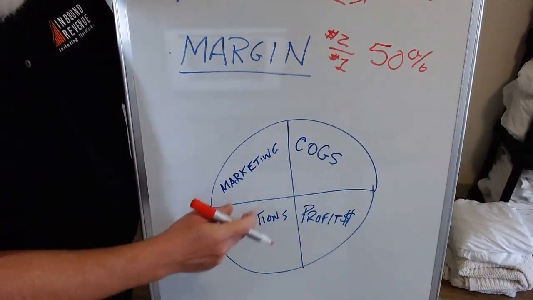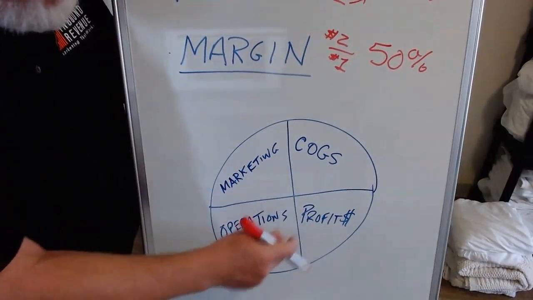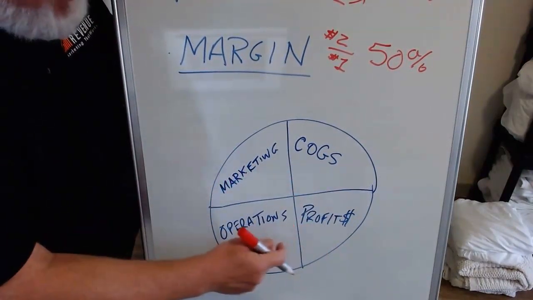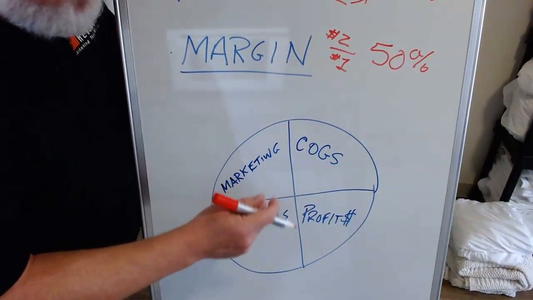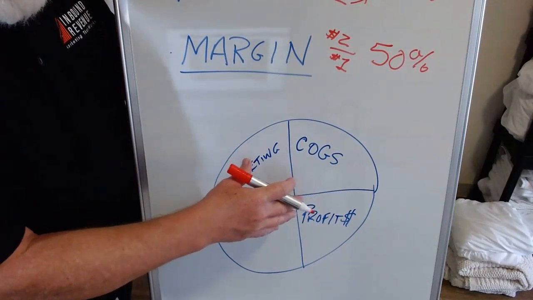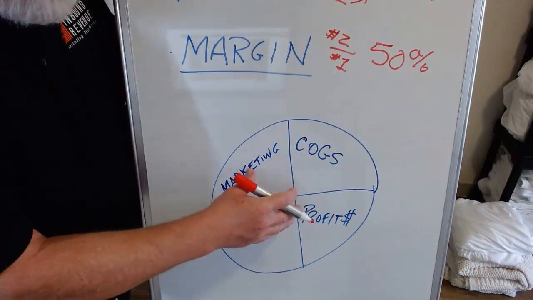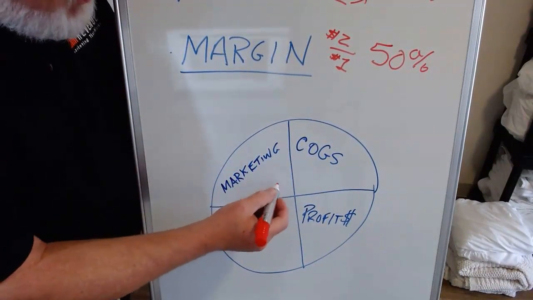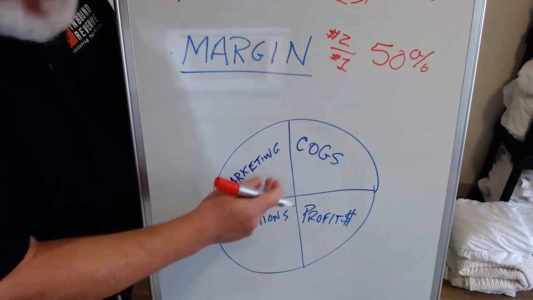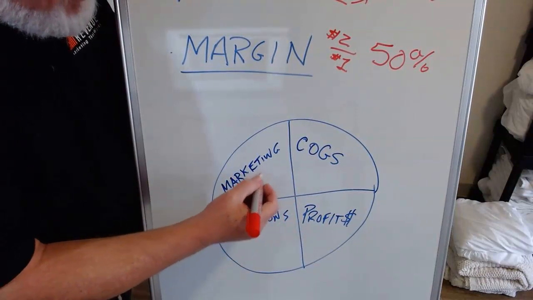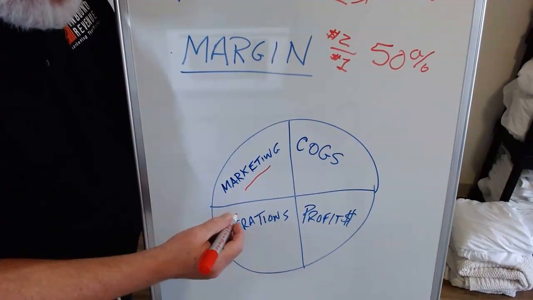These sections are relevant to the numbers, the dollars that you spend on your business. So the entire circle represents all the revenue from your e-commerce business. Some percentage of that, not necessarily a quarter of it, as this is represented, is going to be spent on marketing.